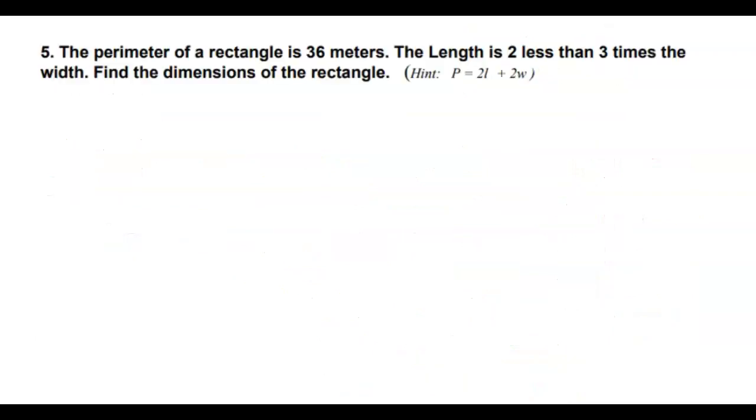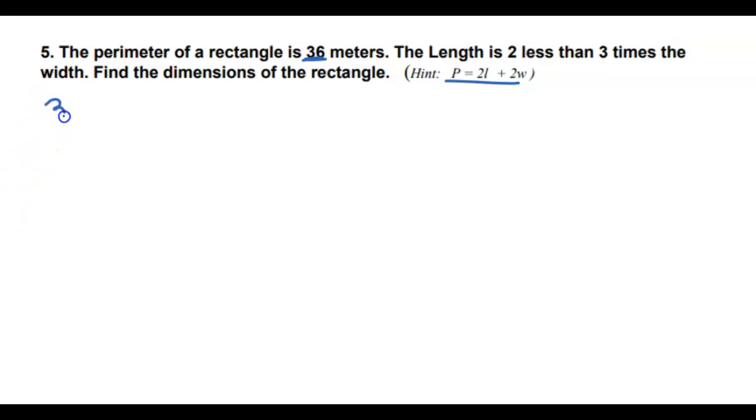And we have a word problem. So we have a word problem, so the first thing we need to do is write our system. And the perimeter of the rectangle is 36, and it tells you the perimeter formula right there.